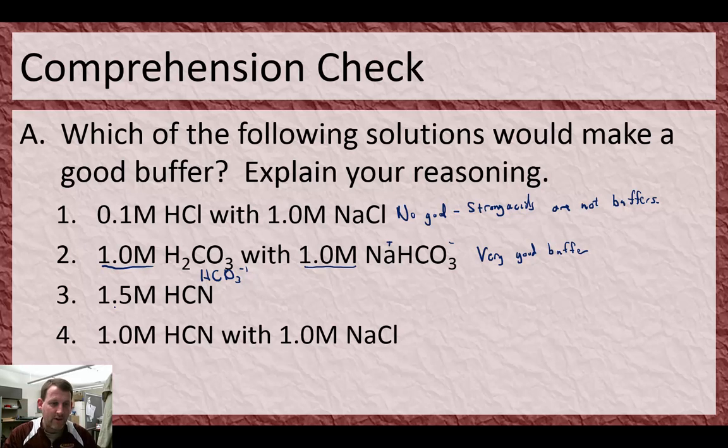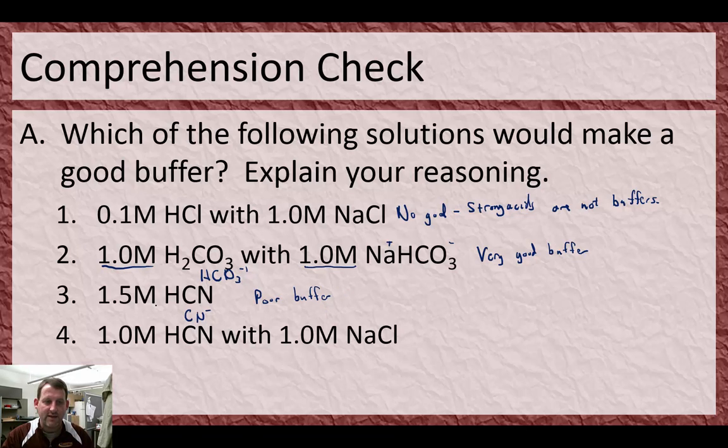And then down here we look at 1 molar HCN. We're like, okay, so this is a weak acid. The conjugate base is CN minus, but we're not adding any extra CN minus. So this will be a pretty good buffer for bases, but not a good buffer for acids. So this is a poor buffer. Right?